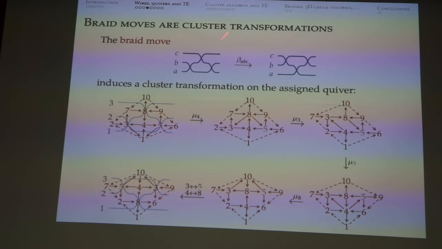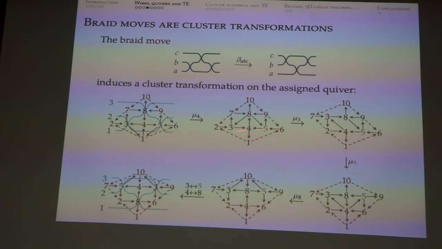So you have a quiver associated to this diagram, and you have another quiver associated to this diagram. And the claim is that these 2 quivers are related by a cluster transformation, which is a sequence of 4 mutations and relabeling. If you start from this quiver, and then apply mutation at vertex 4, you get this. Now you apply mutation at vertex 3, and vertex 5, vertex 8, and then finally you relabel a little bit, but this is kind of trivial, so I don't want to talk too much about relabeling.